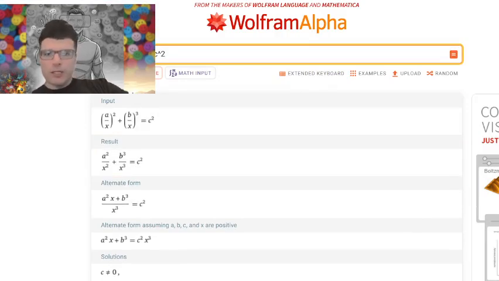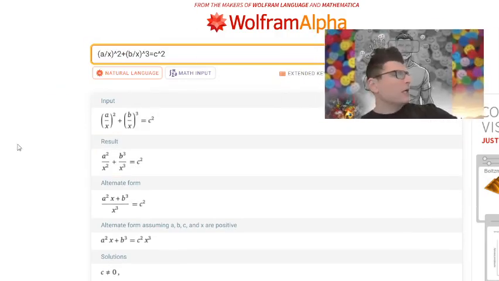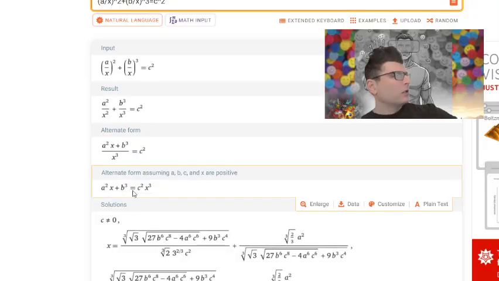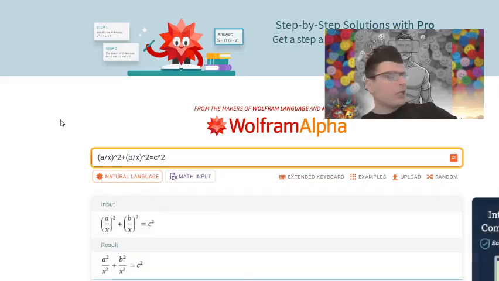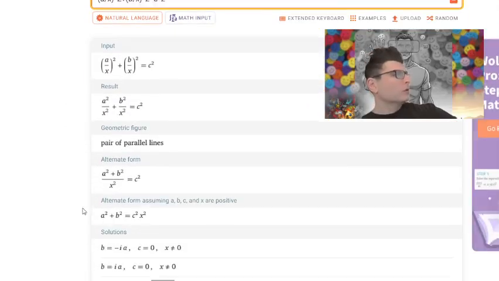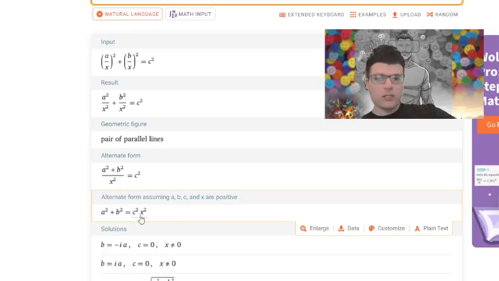To solve for x, you've got a polynomial which may or may not have roots that you can calculate. Whereas if this was also squared up here, then x is just on one side, so you can divide both sides by c squared and then square root the x squared, and you end up getting x, which is lambda in this case.